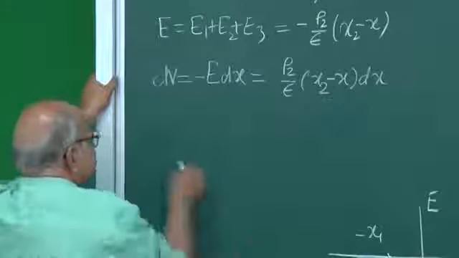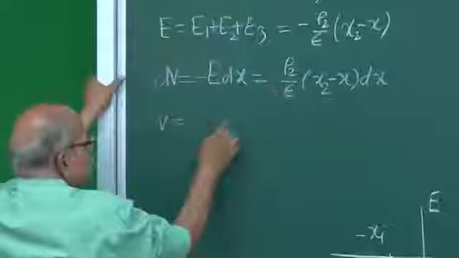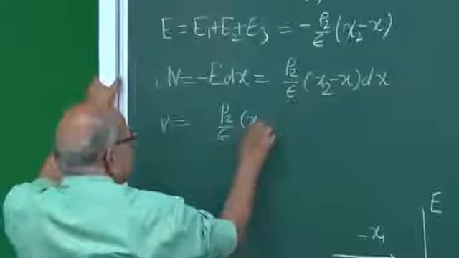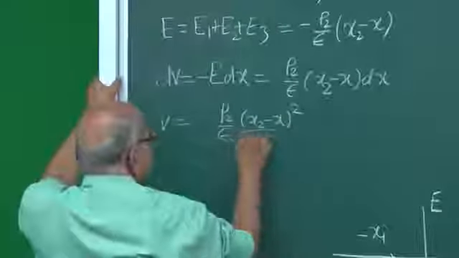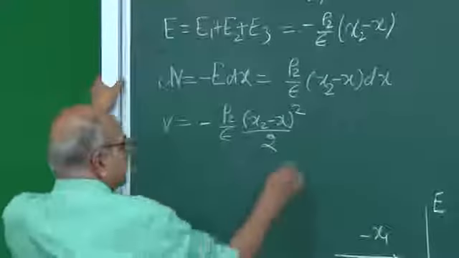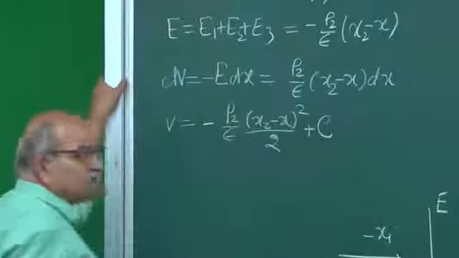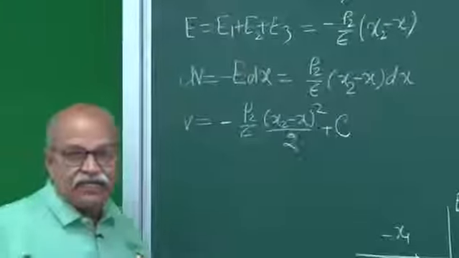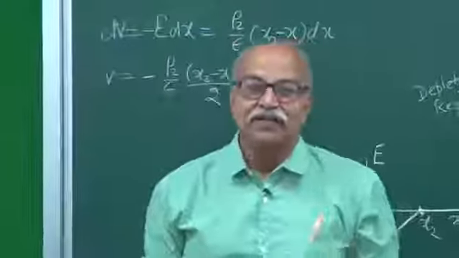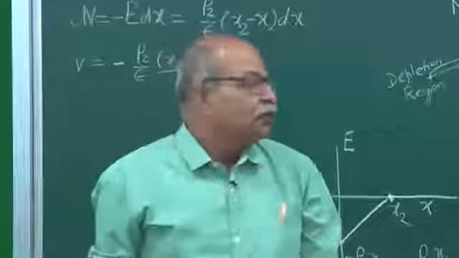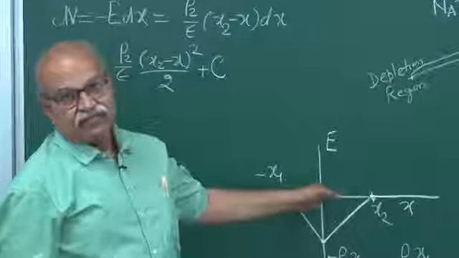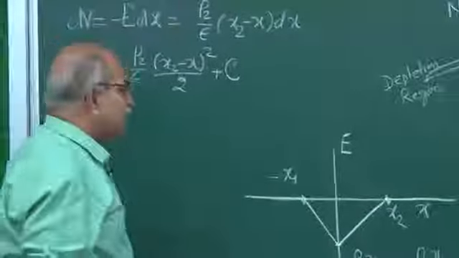If I integrate, you get V is equal to rho 2 over epsilon then x2 minus x square by 2 with a minus sign because you have the negative sign here, plus some constant. And that constant can be evaluated by just choosing a point for V equal to 0. So, we take this junction point itself, x equal to 0, as the point where V is 0. That is our choice, you know that.